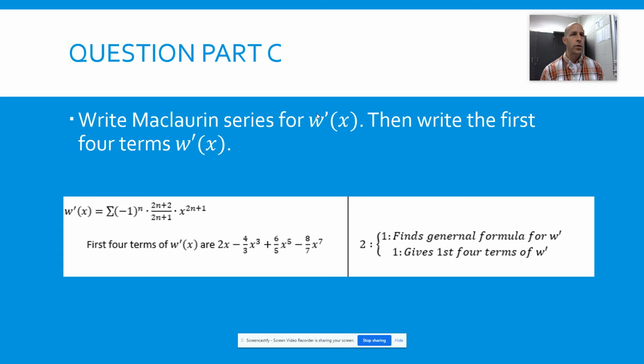And then the first 4 terms are 2x minus 4/3 x cubed plus 6/5 x to the 5th minus 8/7 x to the 7th. Those are the first 4 terms of W prime. I'm giving this particular problem 2 points: 1 point for the general formula for W prime, and 1 point for the first 4 terms. A student could actually just get the first 4 terms by taking the derivative of the first 4 terms of the original series, but to get the second point, they have to have the general formula.